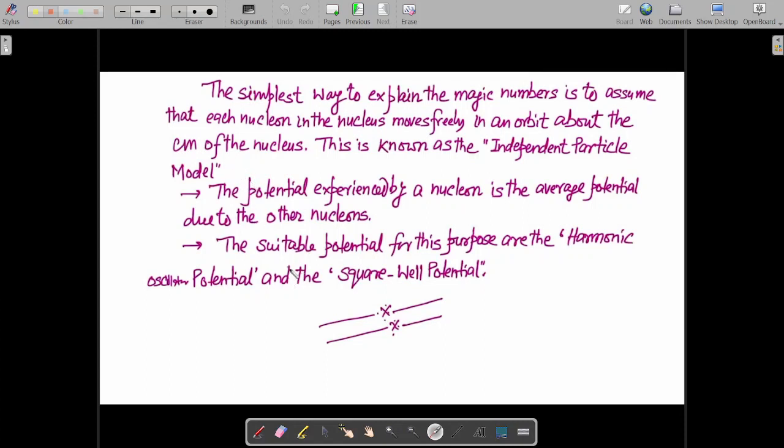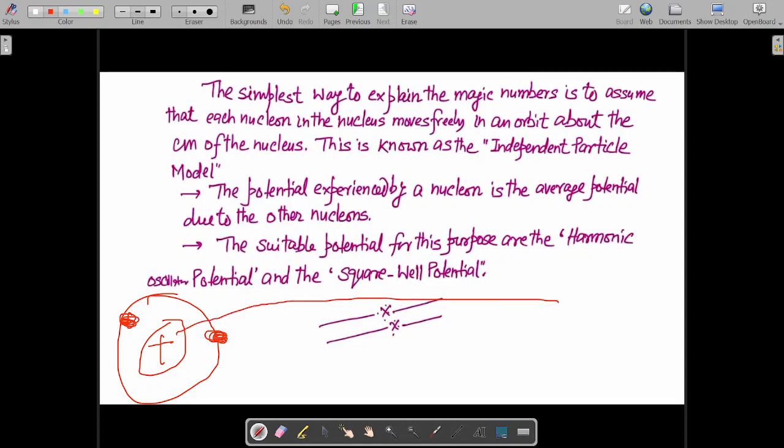Suppose this is your nucleus and these are electrons revolving around the nucleus. Then we magnify this particular nucleus. Suppose this is the boundary of that nucleus, and inside it protons and neutrons are revolving in closed shells. These are protons and neutrons.